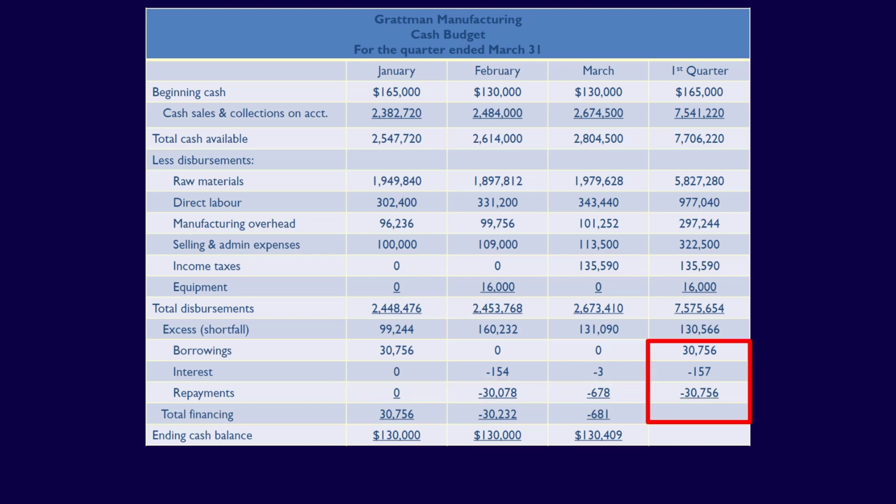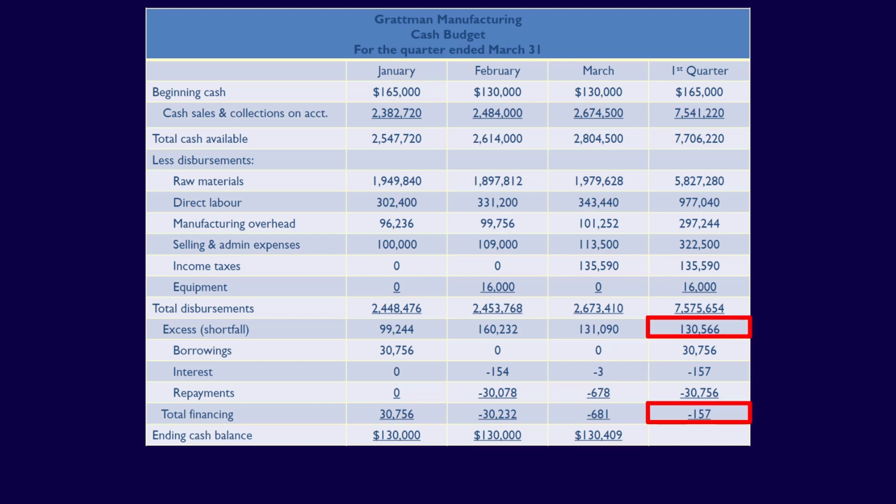We now have all of the first quarter totals for financing. Total financing is therefore $30,756 plus negative $157 plus negative $30,756 for total financing of negative $157.